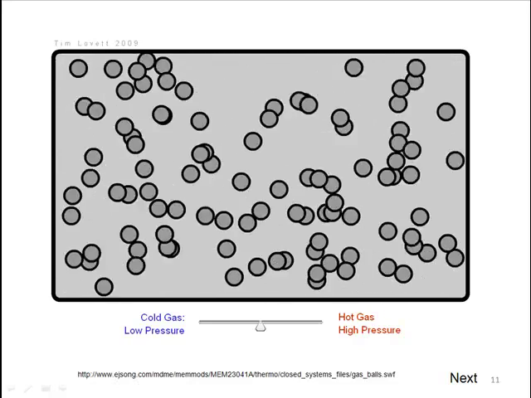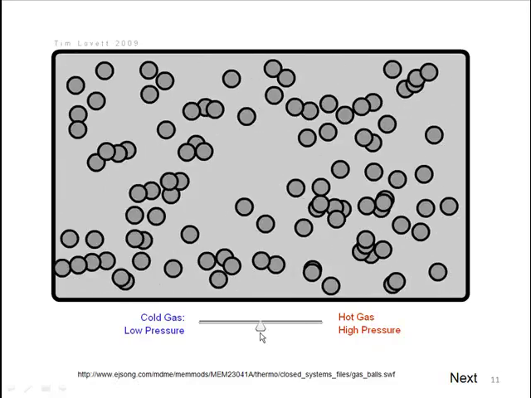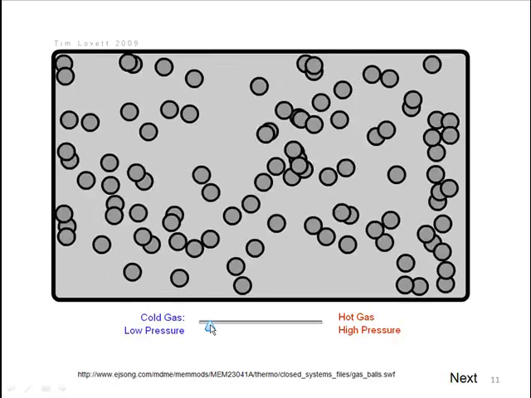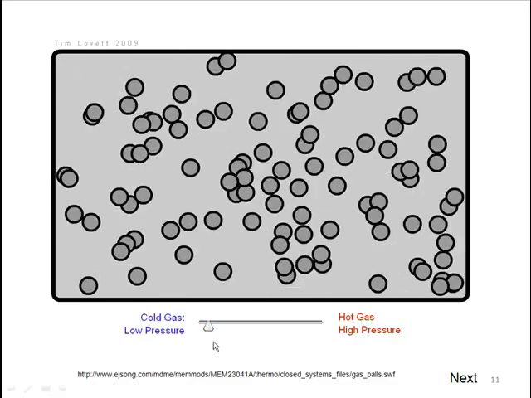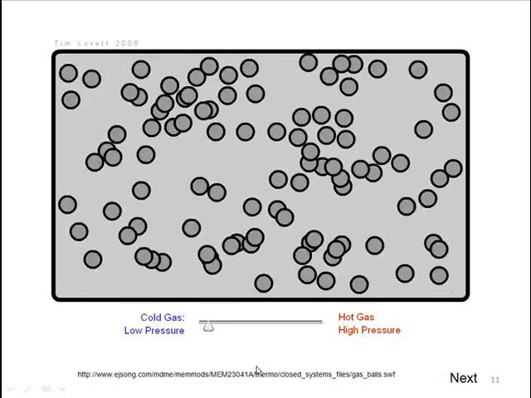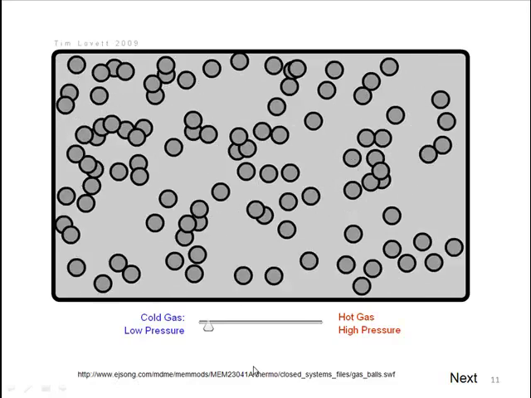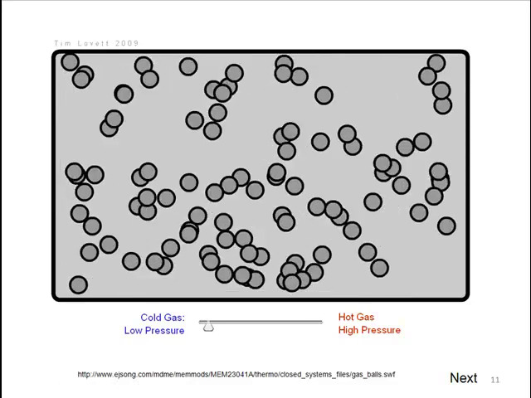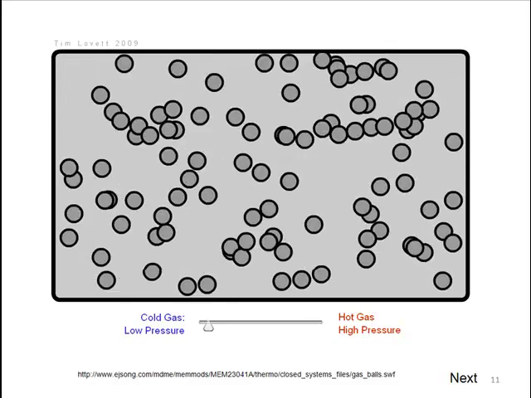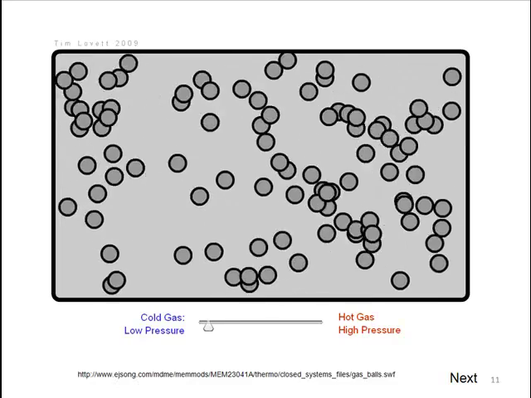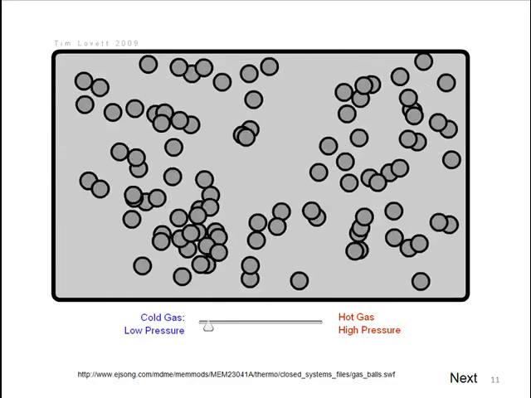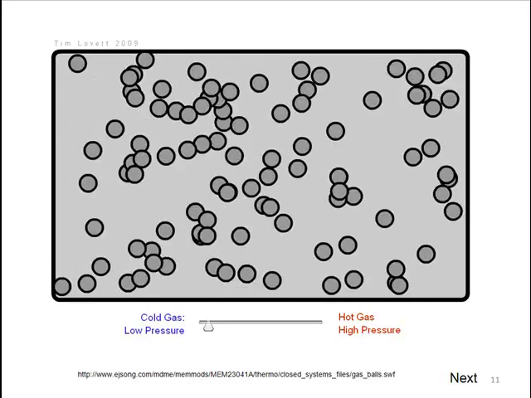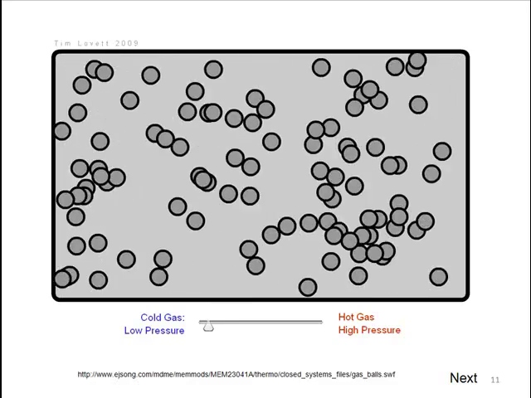If we modify the gas and cool it down, what do you notice about the molecules? They decrease their speed. Now, what else do you notice about the molecules right now? There are no collisions. They're moving through each other.